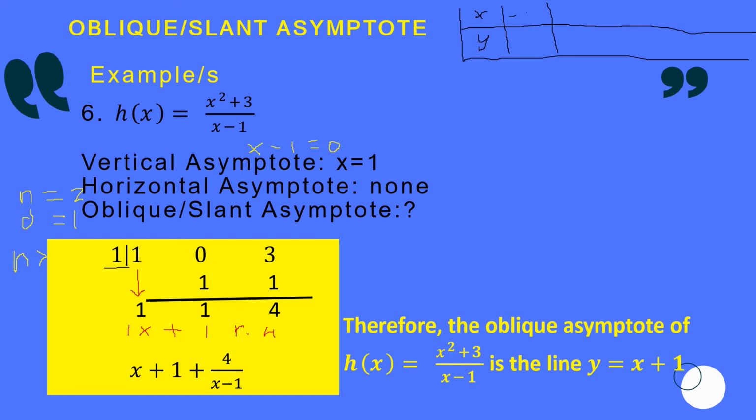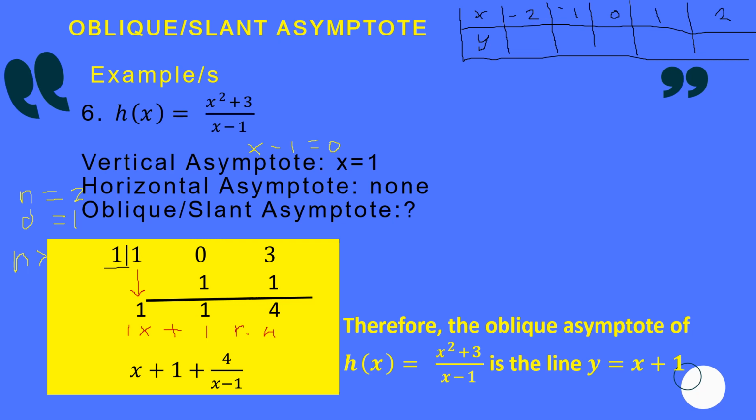So, mag-a-assign ako sa kanya ng negative 2, negative 1, 0, 1, and 2. And then, isosolve ko ang ating line, which is y is equal to x plus 1, gamit etong mga values na inassign ko.